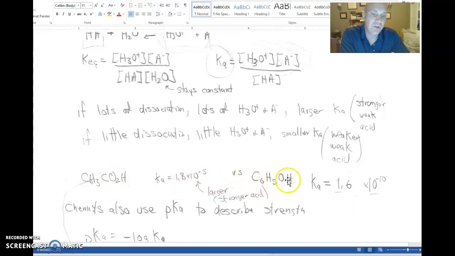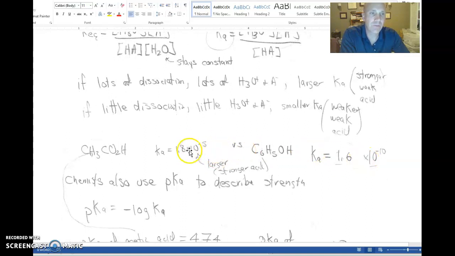But let's compare that to this compound, phenol, and you can see here the Ka. If you compare these two numbers, this is times 10 to the minus fifth, and this is times 10 to the minus 10th. So this is much larger than this right here, and what that indicates is that acetic acid is a much stronger weak acid than phenol.